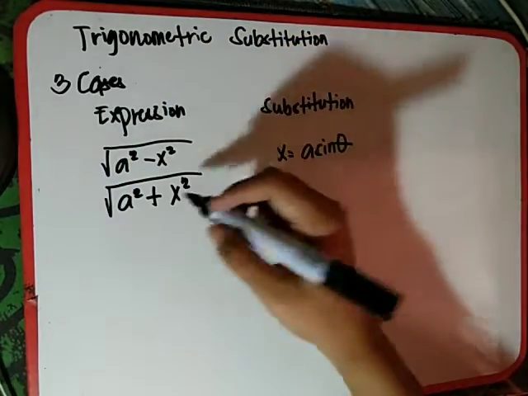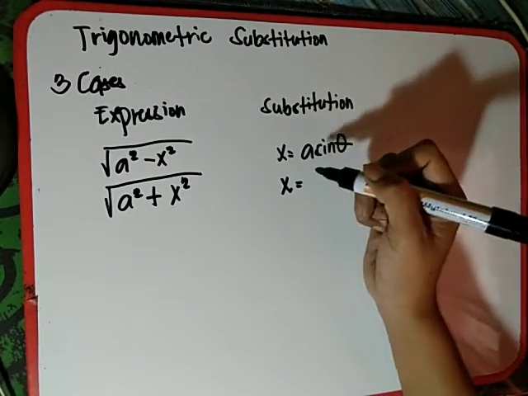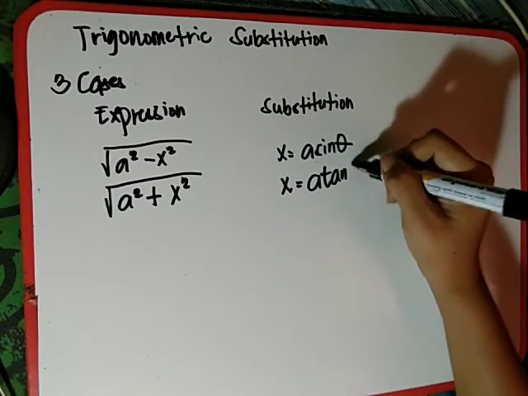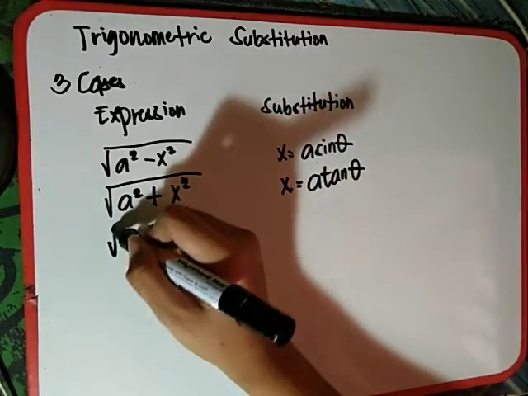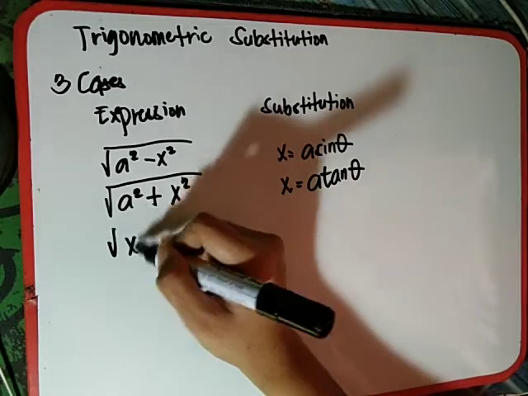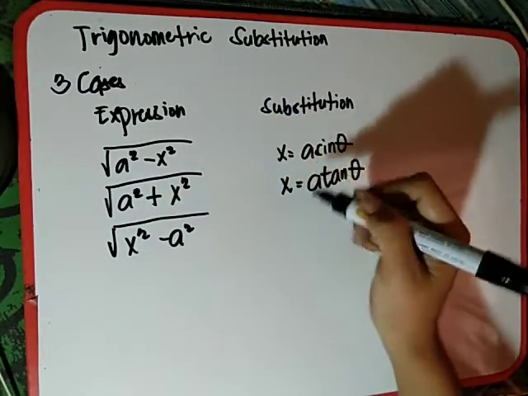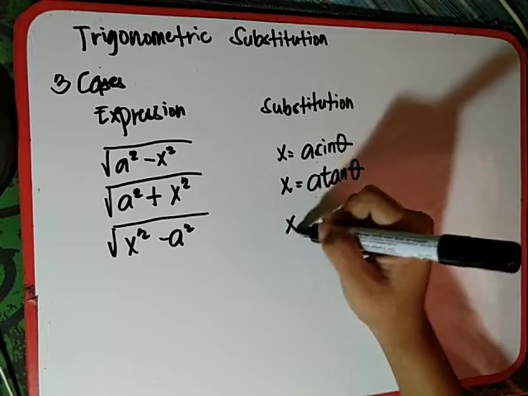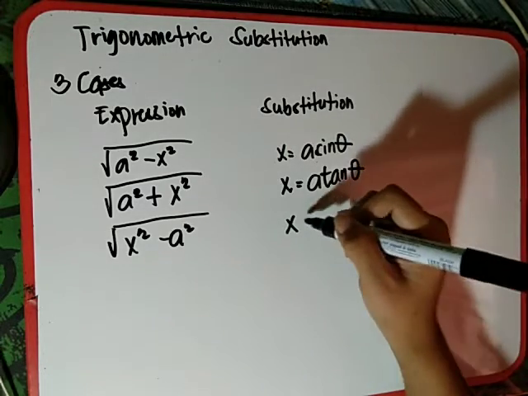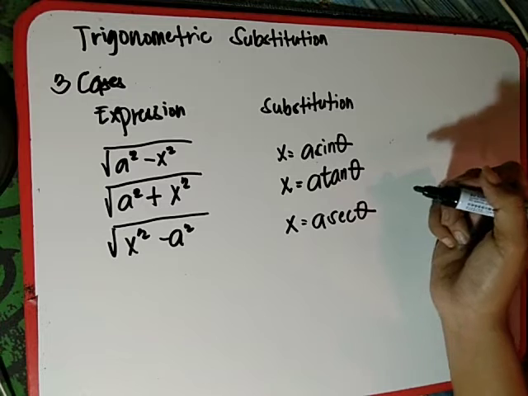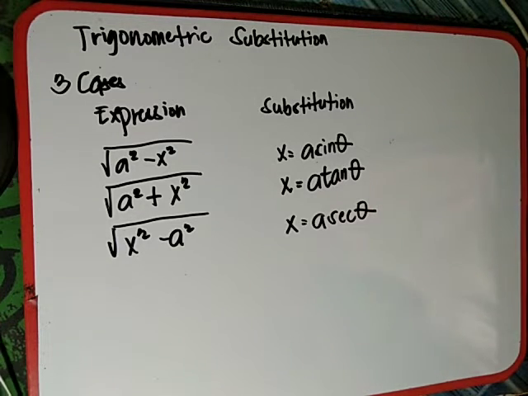The substitution of this is x is equal to a tangent theta. Next is x squared minus a squared. The substitution of this expression is x equals a secant theta. So let's have an example.